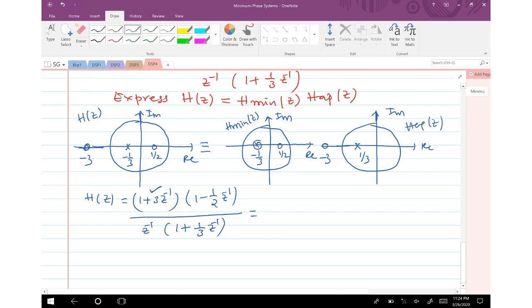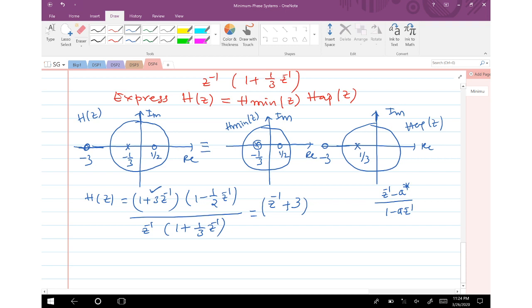So again, you always keep this in mind. On one side, if you have 1 minus a into z inverse, the other one is z inverse minus a conjugate. Of course, the numerator and denominator can exchange themselves, right? You had here 1 plus 3 into z inverse, which is of this form, so that would result in z inverse plus a conjugate, that being real, z inverse plus 3.